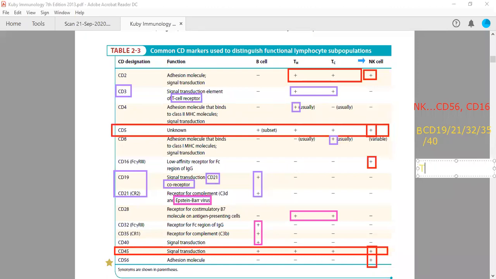Then there is the third type of cells, called T lymphocytes. The T cells have CD3, which is called the T cell receptor, TCR. They also have CD4 and CD8, but specific populations have CD4 for T helper cells and CD8 for T cytotoxic cells.